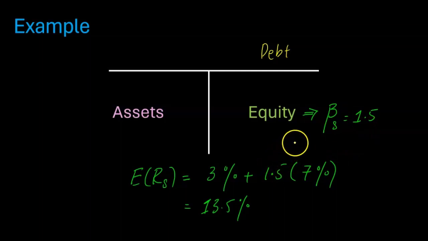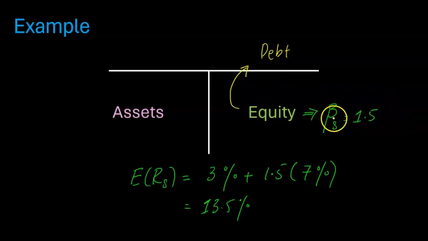But basically, when you introduce debt into the picture, it makes equity holders' claims riskier because cash flows to debt holders go first and then whatever remains goes to the equity holders. So generally speaking, as debt increases, it makes equity holders' claims riskier, which means that equity beta tends to go up.